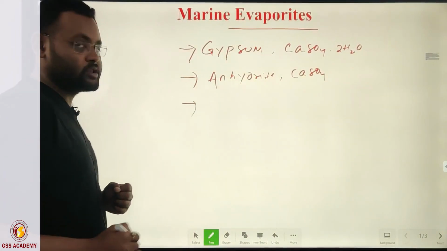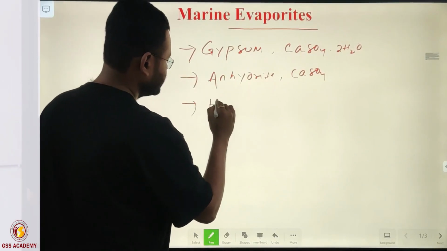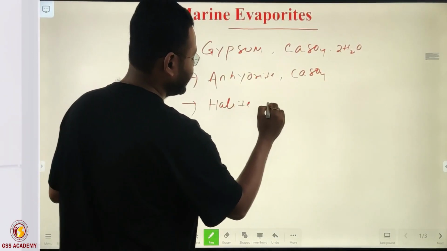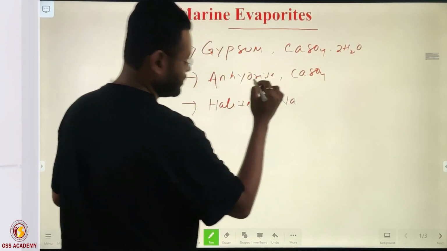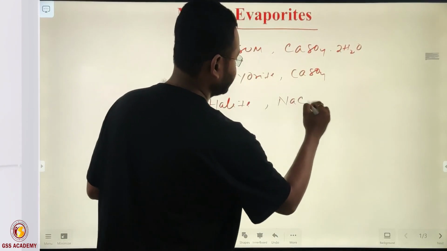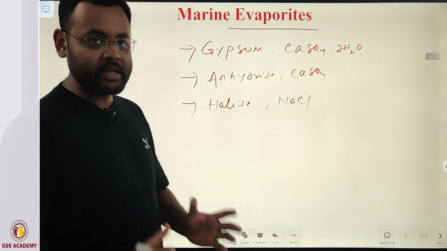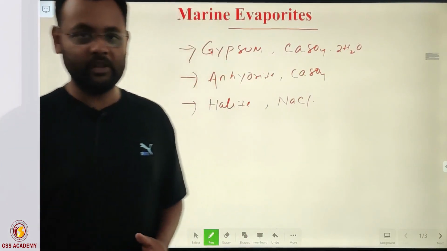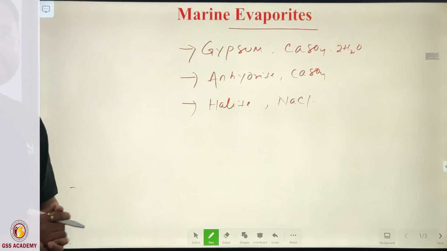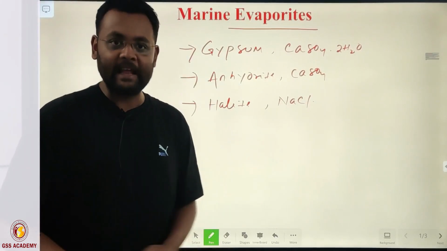Third is normal table salt, scientifically called halite, whose composition is mostly NaCl. These three are the major and most common evaporites that occur naturally in our environment.